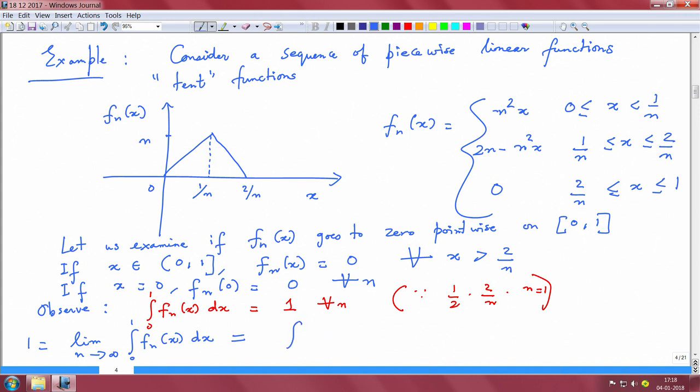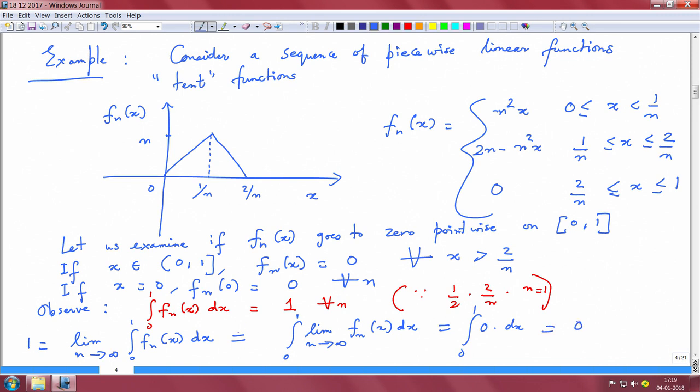Now, consider the integral of the limit function. The limiting function, as we discussed earlier, is the 0 function, because it goes to 0 pointwise. So, if you integrate the 0 function, you get 0.